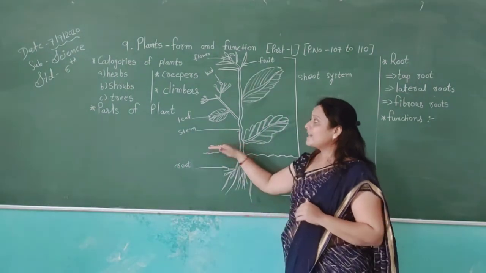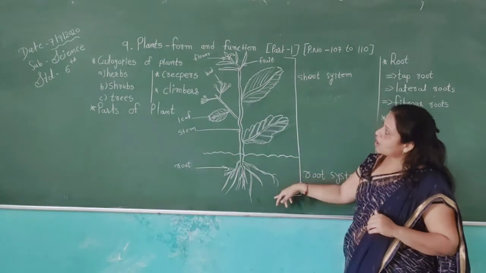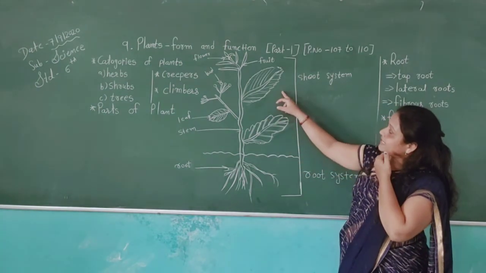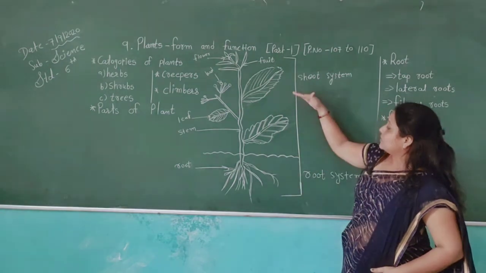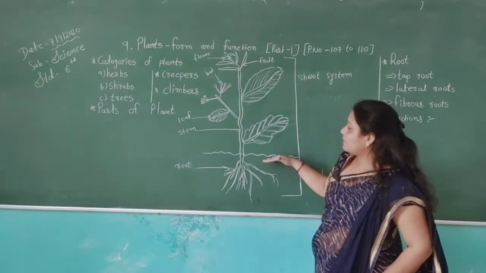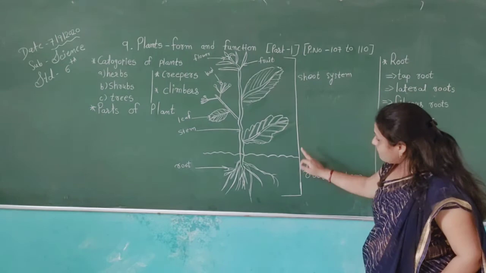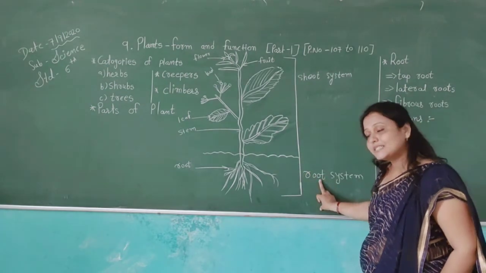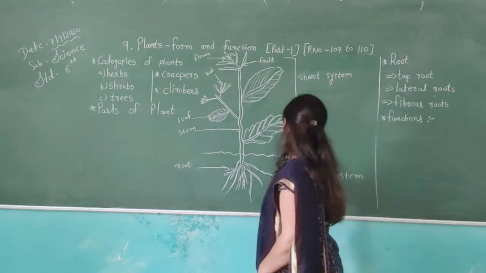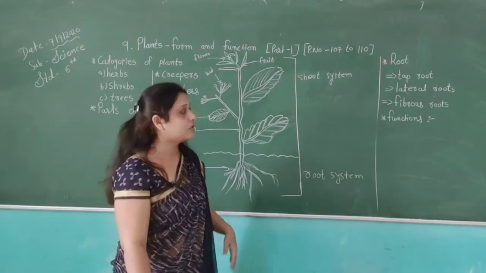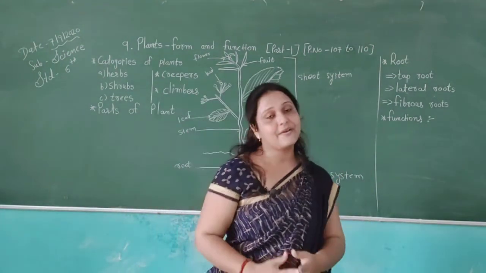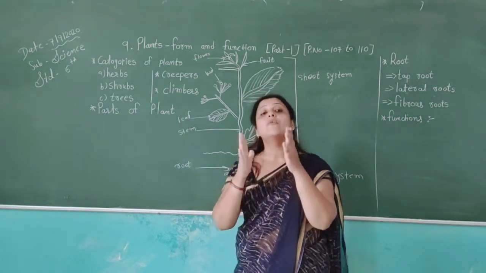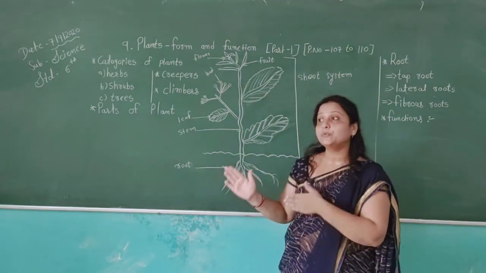Then parts of the plants. Here we have drawn a plant: leaf, fruit, flower, bud, stem, root. The part of the plant above the ground is called the shoot system, and the downside is called the root system. We have different types of root: taproot, lateral roots, fibrous roots, and their functions. Roots are useful to the plant.